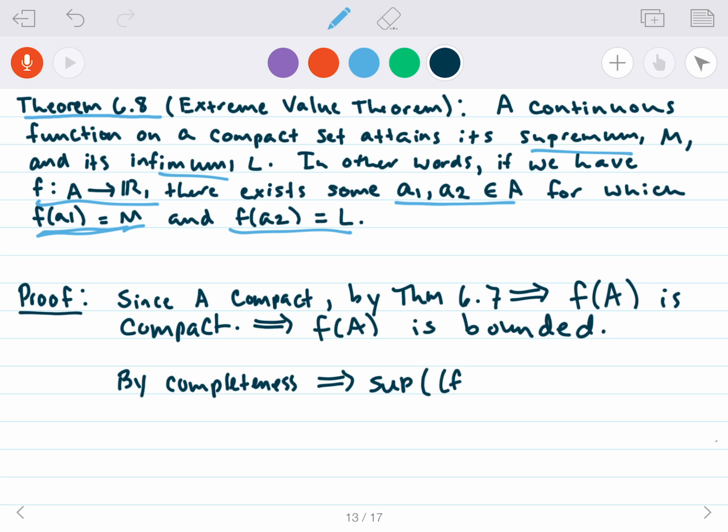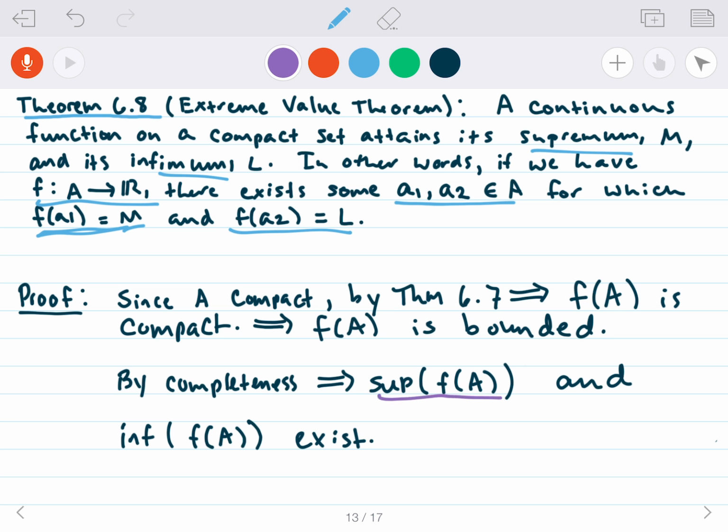So the supremum of f of A and the infimum of the image exist. Okay, and just to be consistent with what we wrote in the theorem, let's call the supremum M and let's call the infimum L.